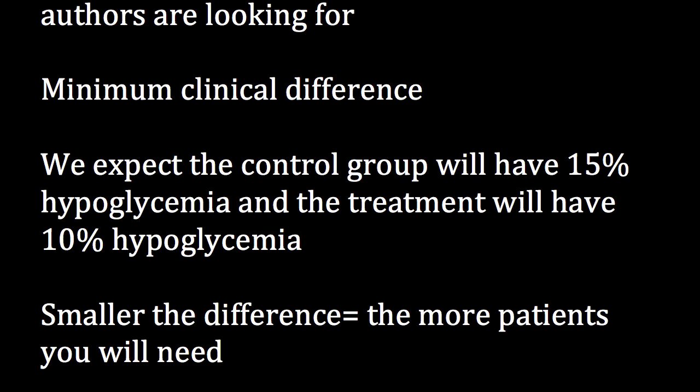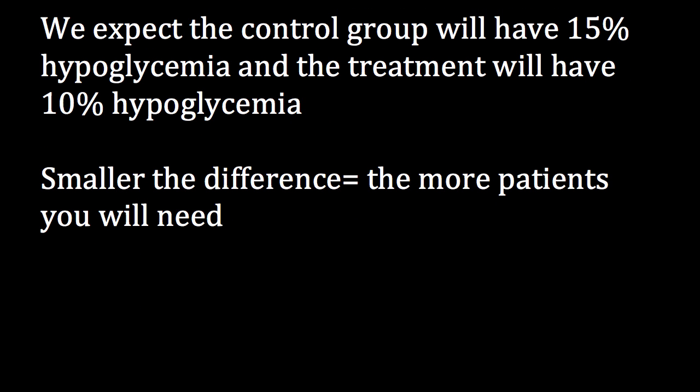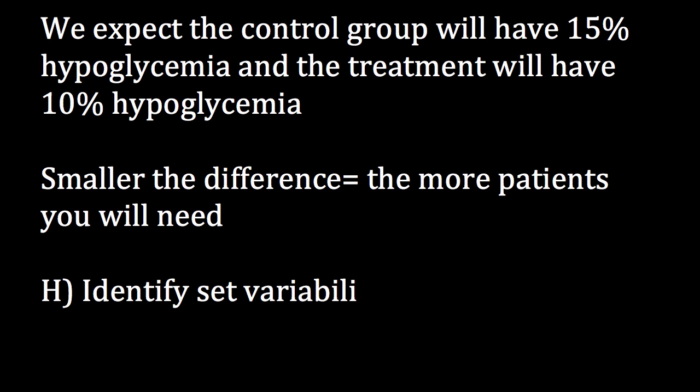Which comes to our next thing that you need to look for, and that is variability. So you need to identify the variability, and this is really going to be done if the type of data is continuous and there's a mean, and then the variability is going to be the standard deviation.